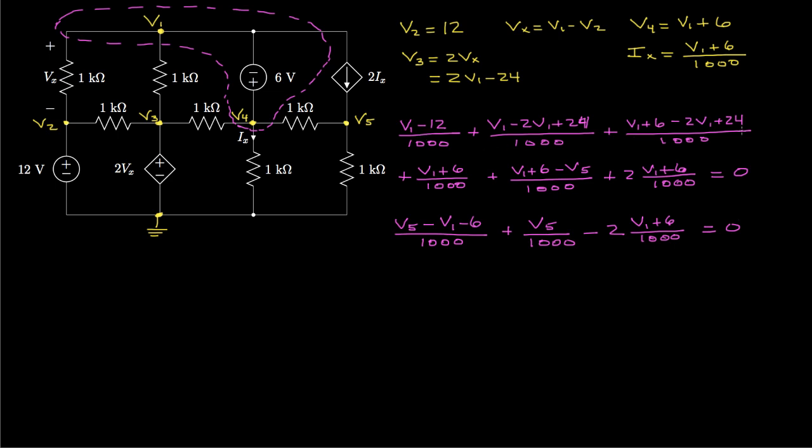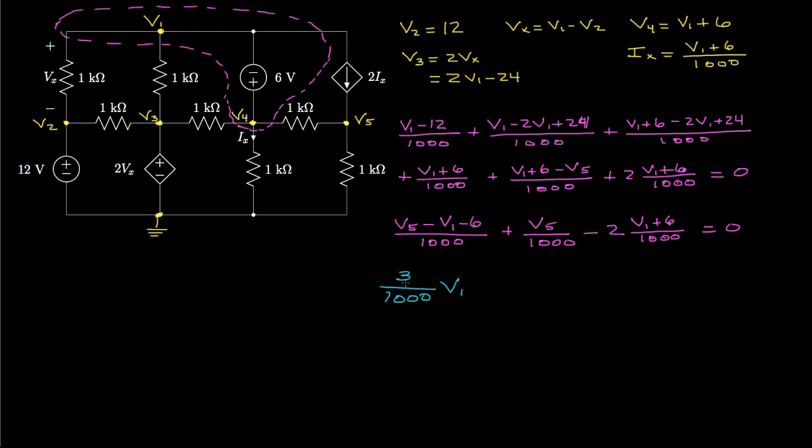Now, the first supernode equation has the unknown voltage V1 and the unknown voltage V5. The second equation has the unknown voltages V1 and V5. So at this point, we have two equations and two unknowns. If we simplify those, we should be able to reduce this to the following two equations. If we group in the first equation all of the terms that multiply V1, we have 1 over 1000 times 1, minus 2, 1, 1, and 2.